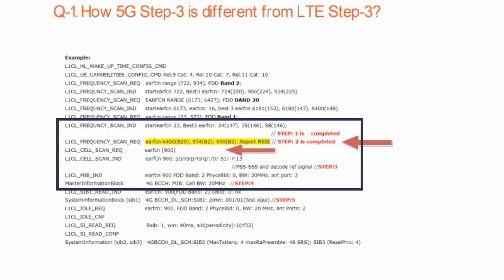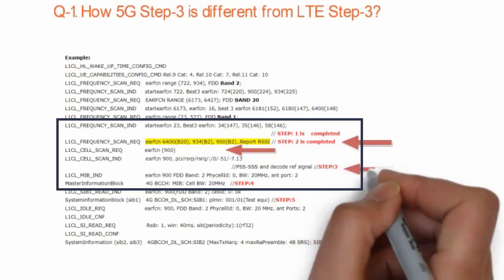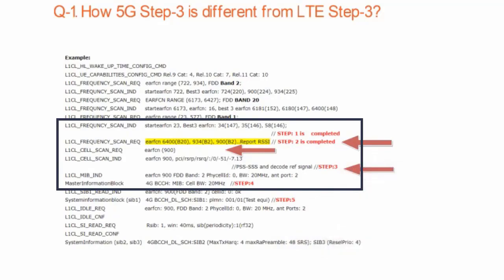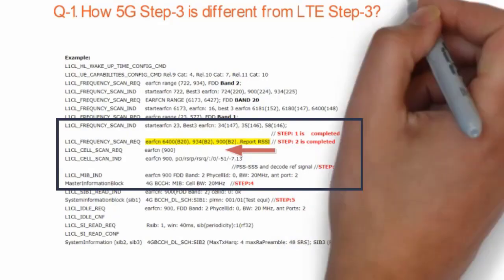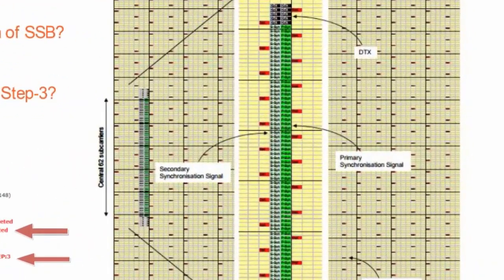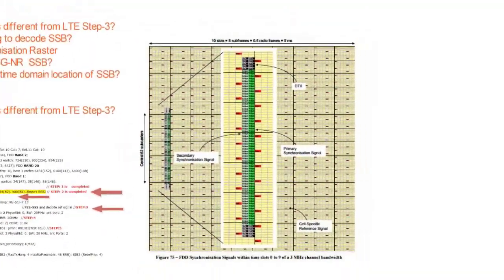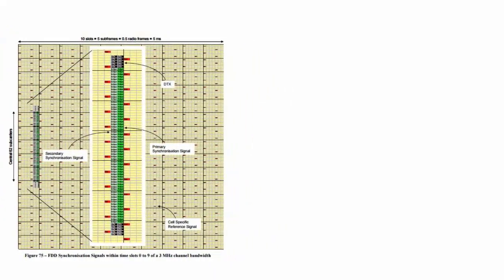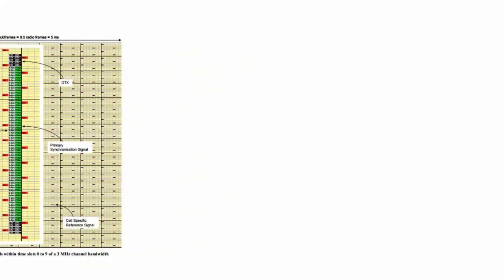In LTE, the PSS and SSS location is fixed and always located at the center of the carrier, the center of the frequency. If you want to see the cell search process in LTE, please watch my uploaded video; the link is below.